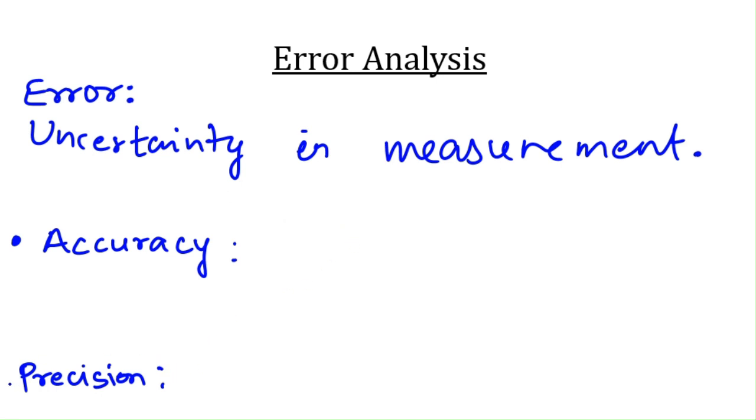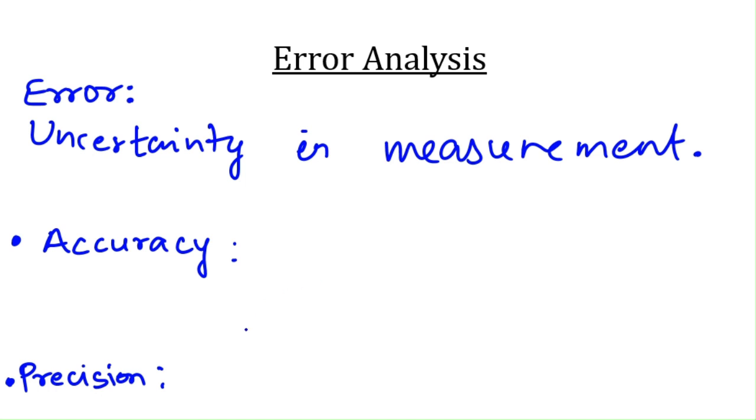And precision is up to what extent the resolution of the instrument we are using to measure some physical quantity goes. The extent of resolution, the smallest amount that can be measured, we call the least count. We are going to discuss these things later.